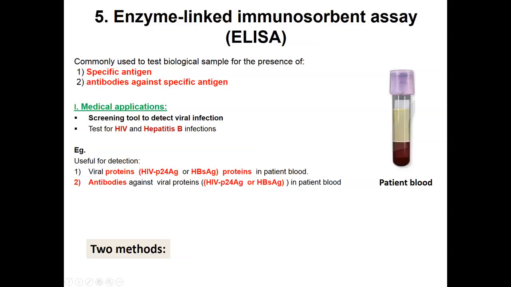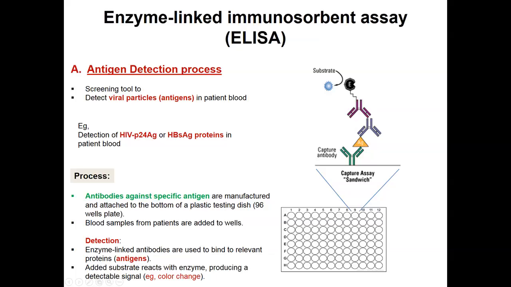All right. So the first one we're going to do is the antigen detection. You want to know if the patient's blood contains the HIV or hepatitis B antigen, a protein from the virus. Now, what you do, you have your 96-well plate.